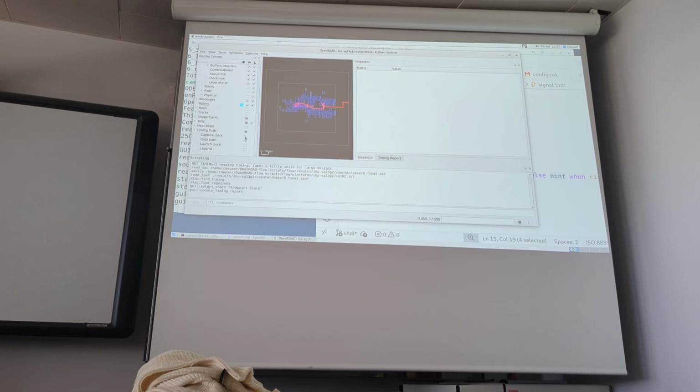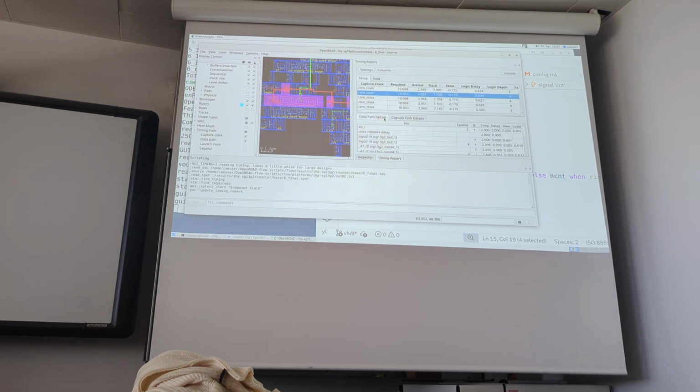We can see the capture clock, the clock that clocks this flip-flop. You can see that the clock is here. The D input is here, and that's the path where it arrives at the flip-flop, the last thing before you enter the flip-flop. So these are the sections. Here's an XOR gate, a NOR gate, a NOR gate.